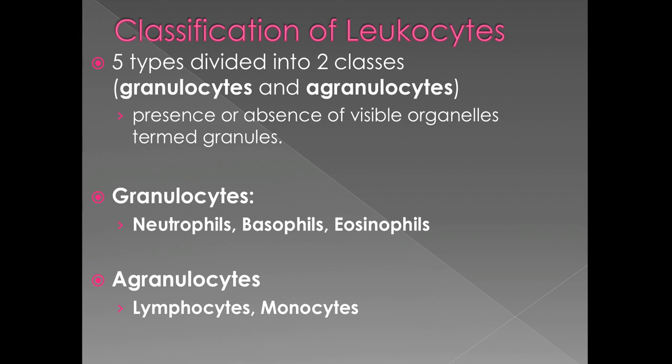Agranulocytes have organelles in them, but we can't see them underneath the microscope, so we call them agranulocytes, or without granules. If you look here, we have three types of each. We have three granulocytes, neutrophils, basophils, and eosinophils, and then two agranulocytes, lymphocytes and monocytes. So three granulocytes and two agranulocytes.